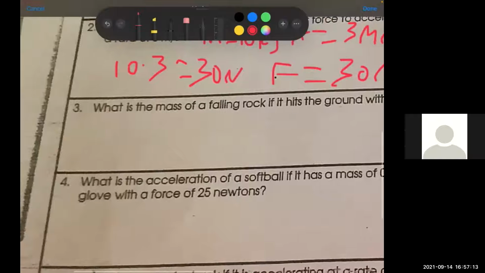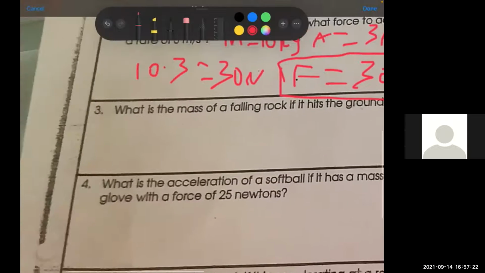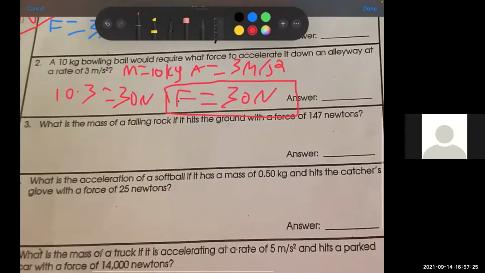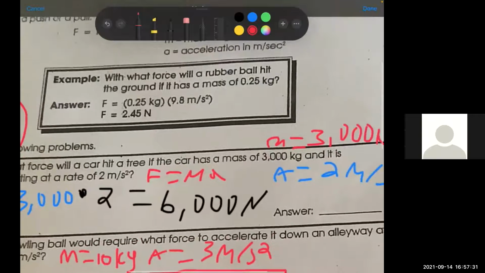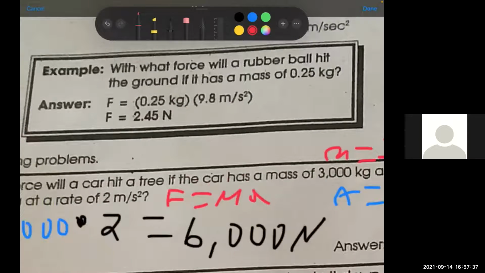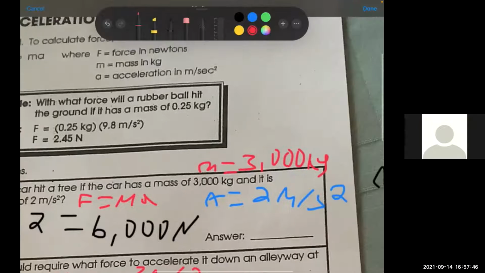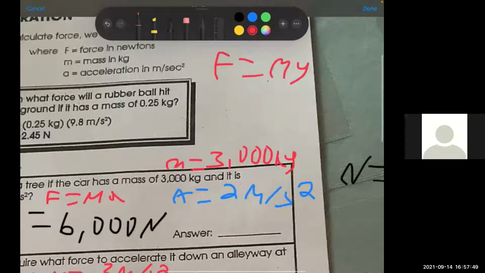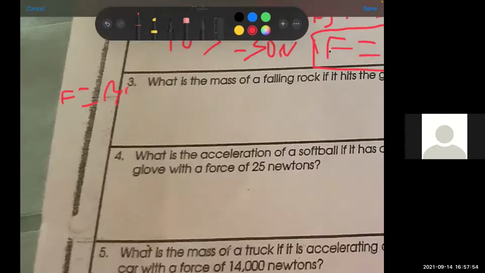Okay. What is the mass of the falling bomb if it hits the ground with a force of 147 newtons? So as we can see over here, what we will need to do is force equals mass times gravity.